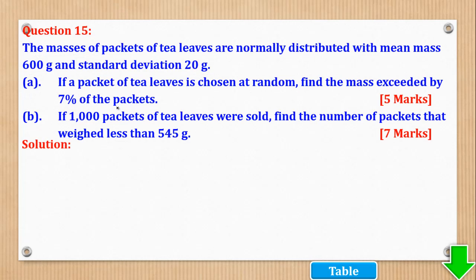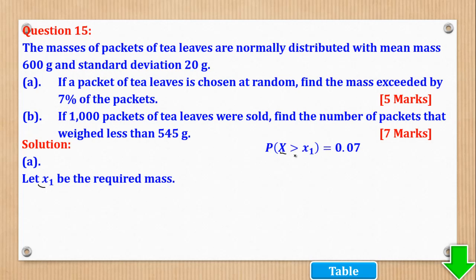So 7% is a fraction, which is a probability, and is 7 over 100. So we shall come and say that let x1 be the required mass. So probability of x greater than, because they said exceeded, greater than x1 is equal to that. Standardize to get z greater than z1 equal to that.